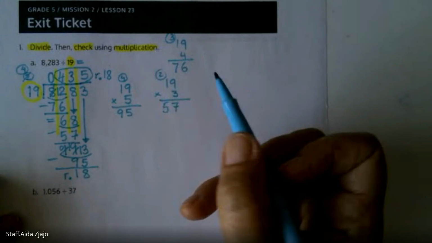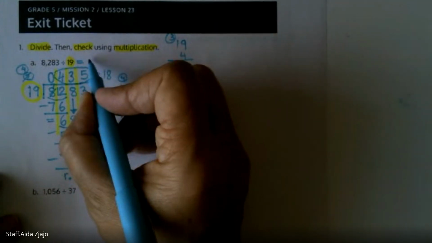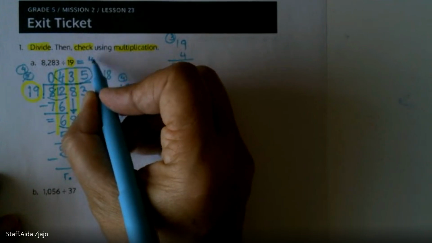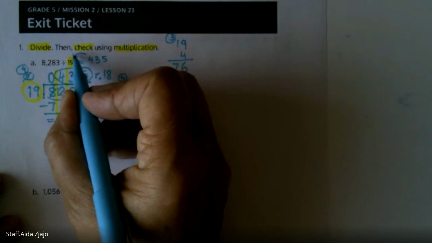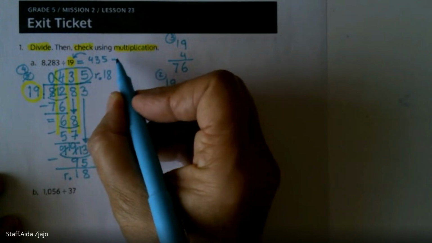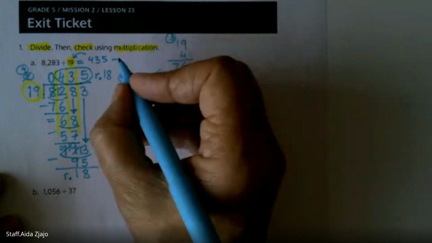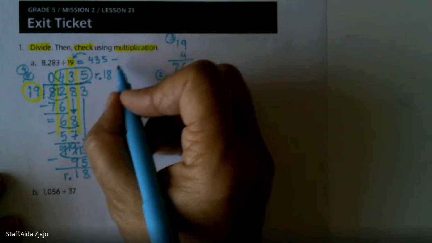So now we need to check. Hold on, I'll make it smaller. So to check with multiplication, it means that this answer, 435, we're going to multiply by 19, and then we're going to add the remainder, 18.